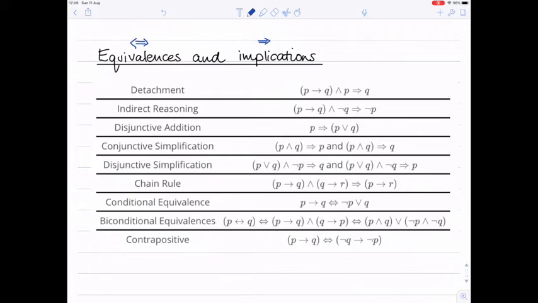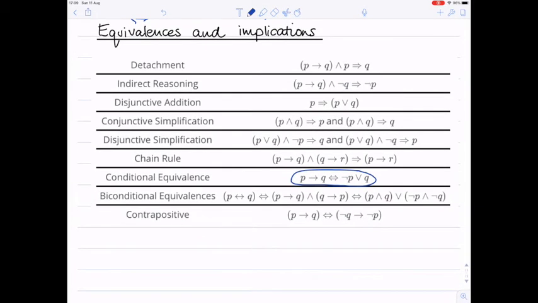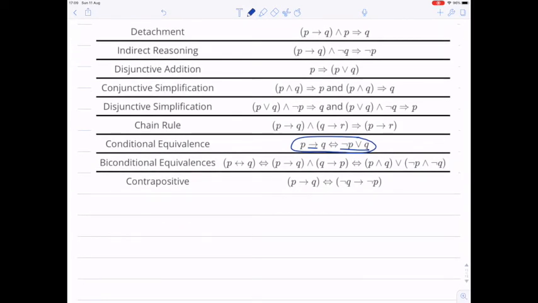In particular, it's worth noting that one way that you can simplify a conditional statement, so an if P then Q, is into not P or Q. So just to give ourselves a little bit of practice, let's check that these are equivalent.